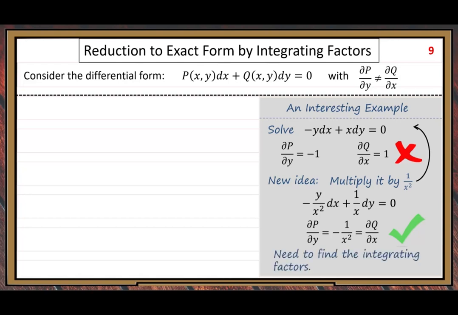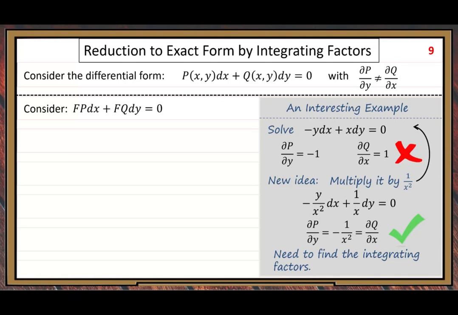So this time, back to our original question. We need to find integrating factors, something like this one. Now we work on the general form. This time we multiply an unknown function f. Unknown, because we need to determine its formula.